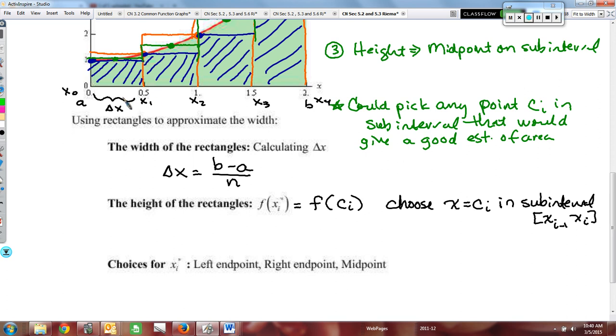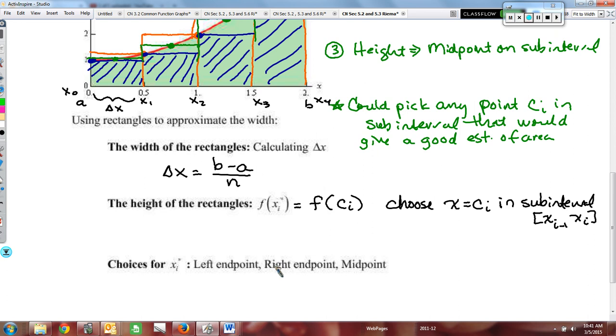So your first c sub 1, if I chose the midpoint, would be 0.25. My second c sub i, if I'm using midpoint, would be 0.75, and so on. So you would choose a point in each interval from which you're going to get the height. It could be the left, the right, the midpoint, or some random one that you're picking. And then you get your height by plugging it into the function.